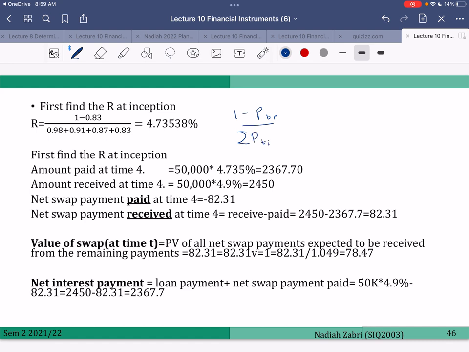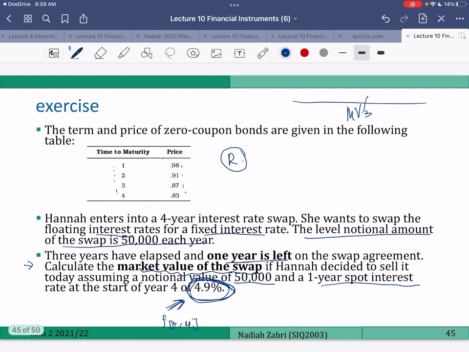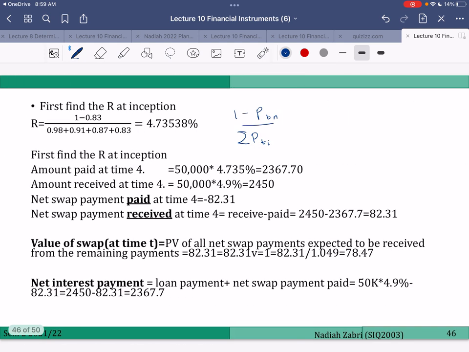So it will be 1 minus this one divided by this plus this plus this plus this. So you will get your R. Okay, and then once you find the R, to find the market value at time 3, you need to find the present value of net swap payment received.